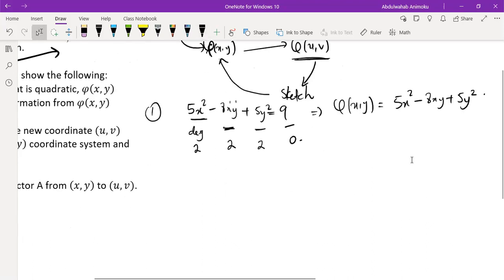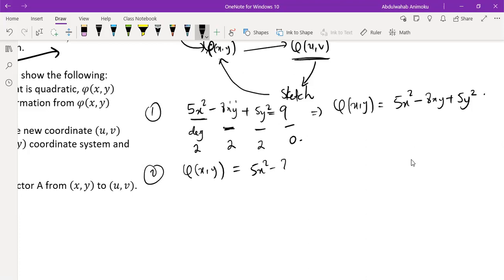Now, what is next? We need to rewrite this phi of xy in such a way that we can determine what we call a self-adjoint transformation from it. Since this function is quadratic, we can write it as the product of the vector xy with a matrix, and then the same vector xy.